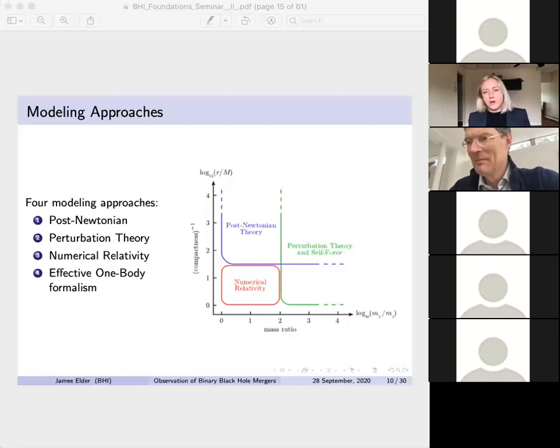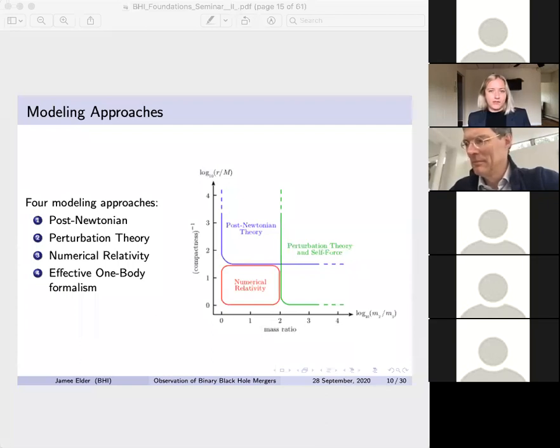With LIGO Virgo observations so far, I think there have been maybe 1 or 2 confirmed observations where they even think that one object is clearly larger than the other. So we're not really dealing with extreme mass ratios in that case. So I'm not really going to focus on that one in particular.